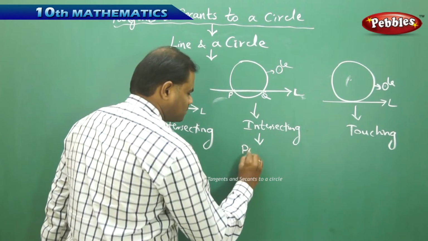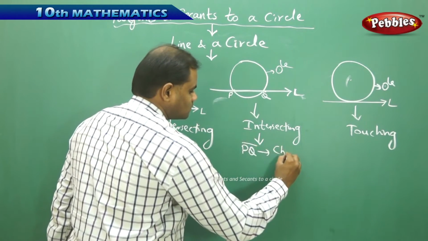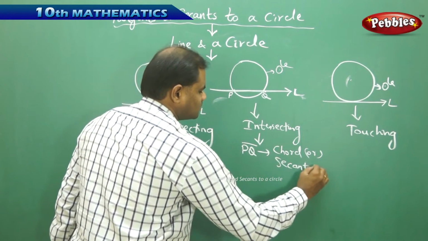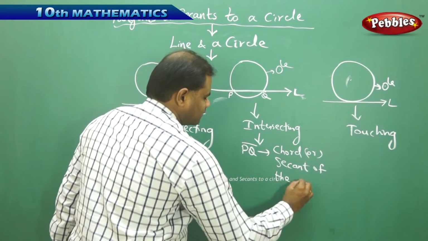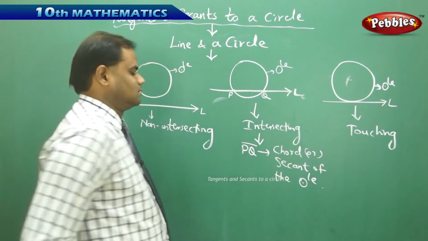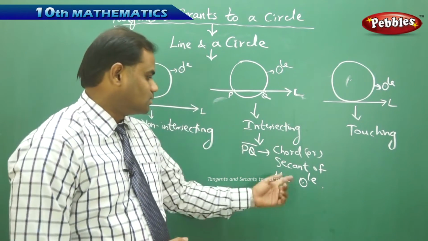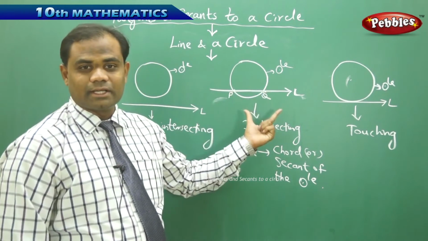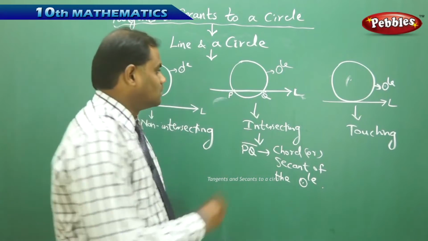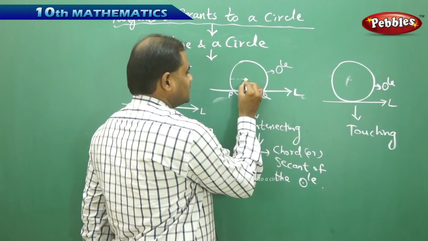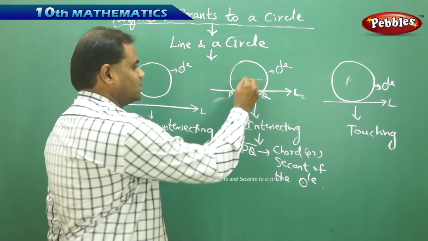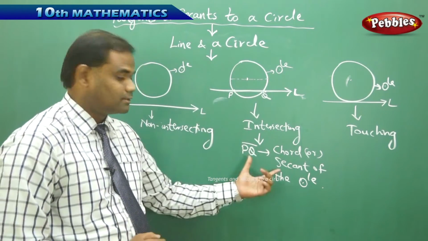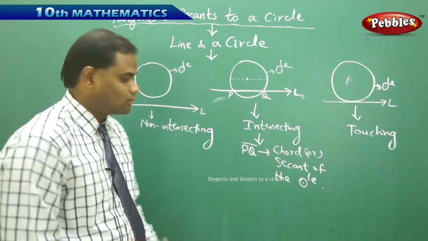Here PQ is called the chord or secant of the given circle. And as I identify, the chord or the secant is always less than the diameter, because if I take the diameter, then the diameter is the maximum chord. So geometrically, I understand that the diameter is the maximum chord. The length of the diameter is the highest chord here.